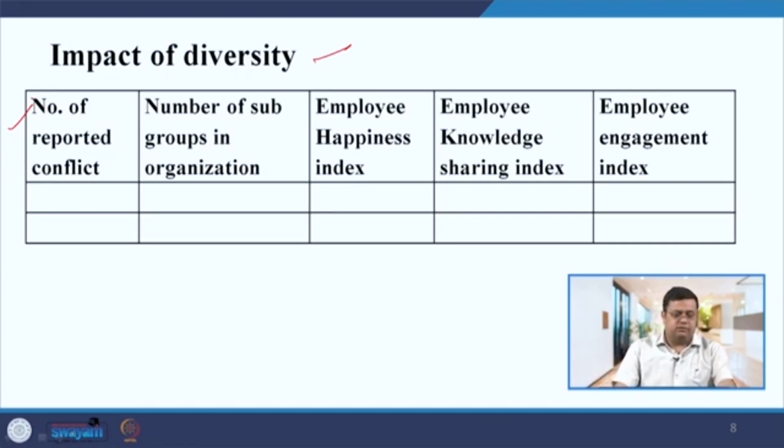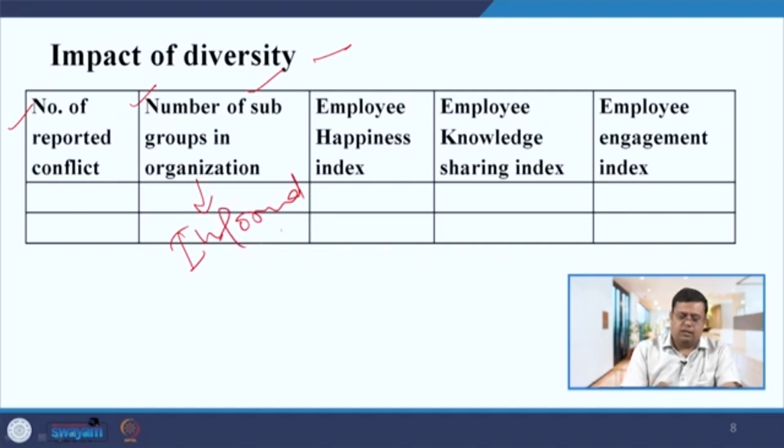I am talking about reported incidents, how employees have reported to the HR department in writing. The second thing you can see is the informal groups, how many informal groups are there because of the diversity.